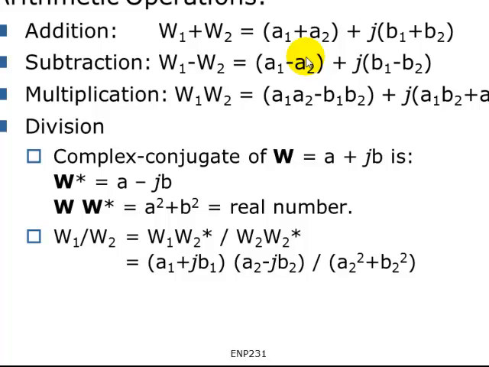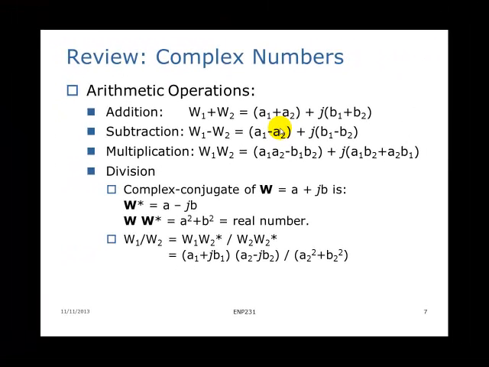And then we divide the whole thing by the magnitude squared of W2, which is W2 times the complex conjugate of W2. Similarly to multiplication, an easier way to do division, certainly if you already have W1 and W2 in polar form, is you simply divide the magnitudes and you subtract the angles.